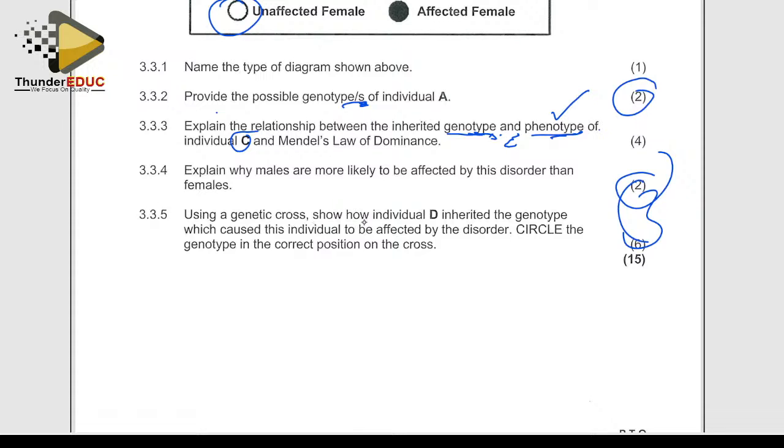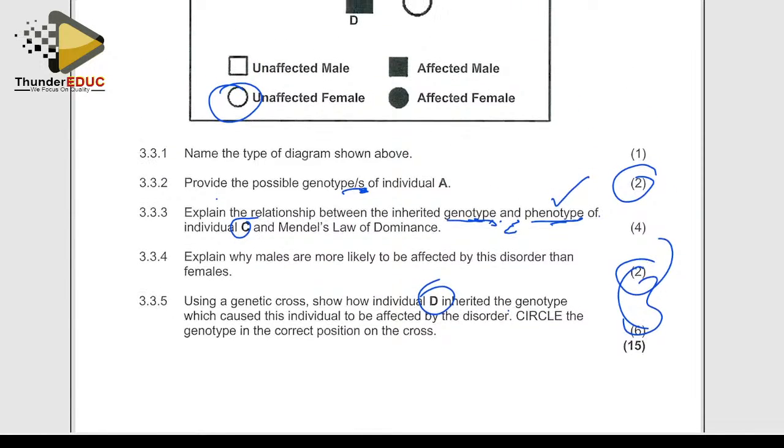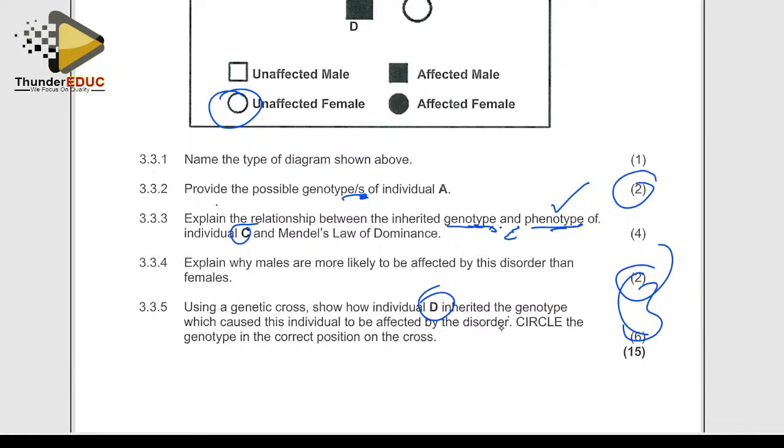Use the genetic cross, show how individual D inherited. Individual D, again, they're asking the same thing. Inherited the genotype which caused this individual to be affected by the disorder. Circle the genotype in the correct position on the right. Okay, they're saying circle the genotype in the correct position on this cross.